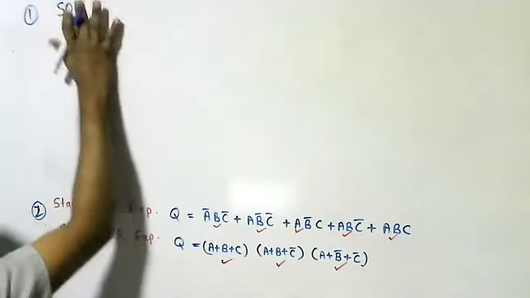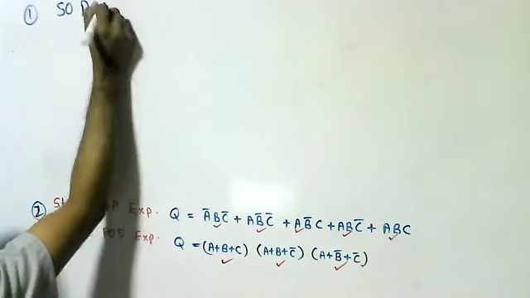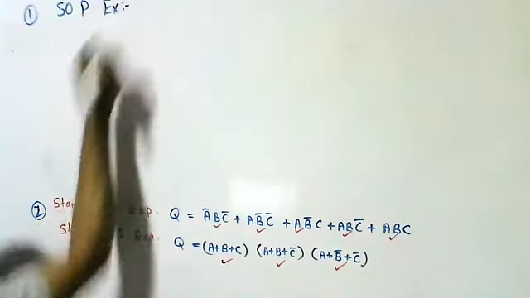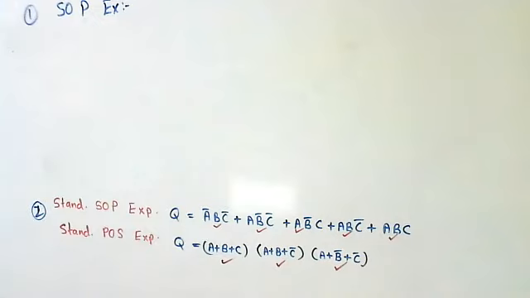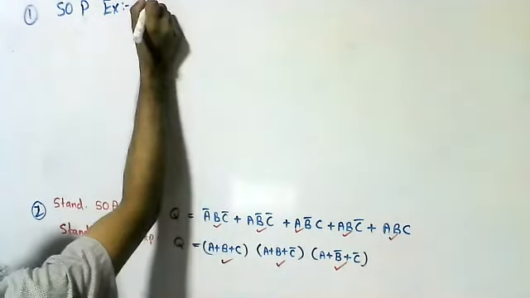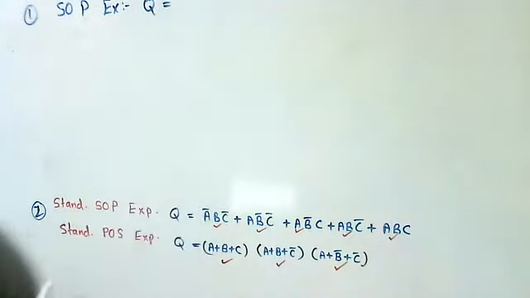SOP expression. Yes, students, what is the first SOP expression? Yes, Ilma. So what we wrote now? No, not now. Yeah, before this, I have explained one question. Right, sir. Yeah, I need SOP expression first.